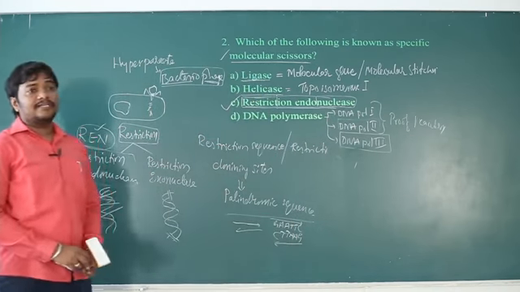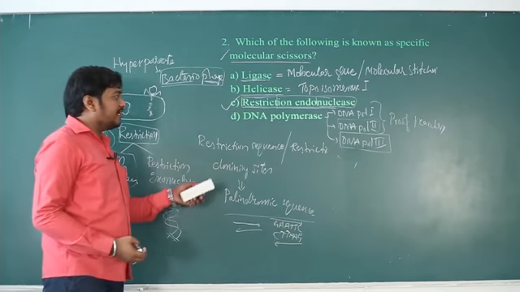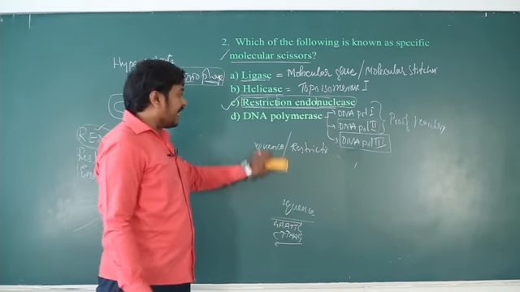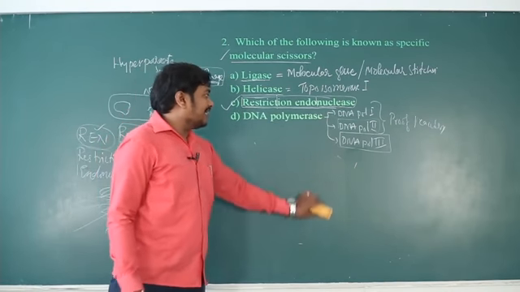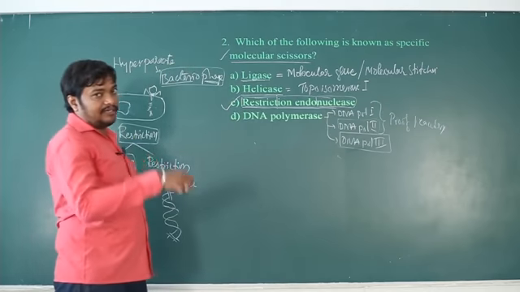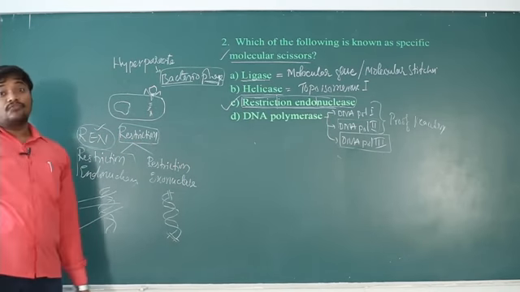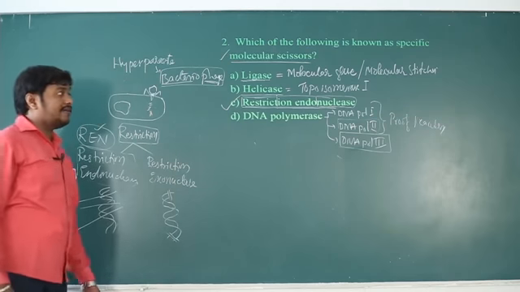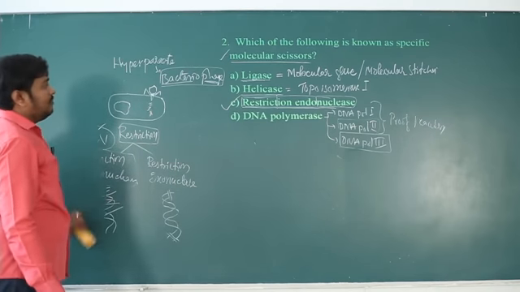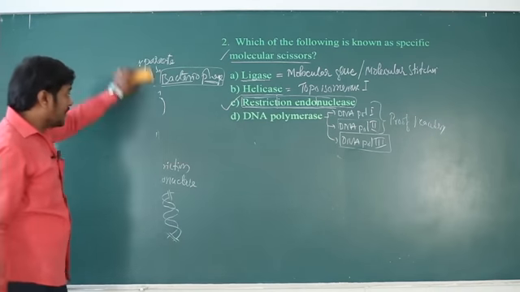Proofreading means, during DNA replication, if any nucleotide is added wrongly, that can be removed, and the actual DNA nucleotide is added. So those proofreading enzymes are DNA polymerase 1 and DNA polymerase 2.